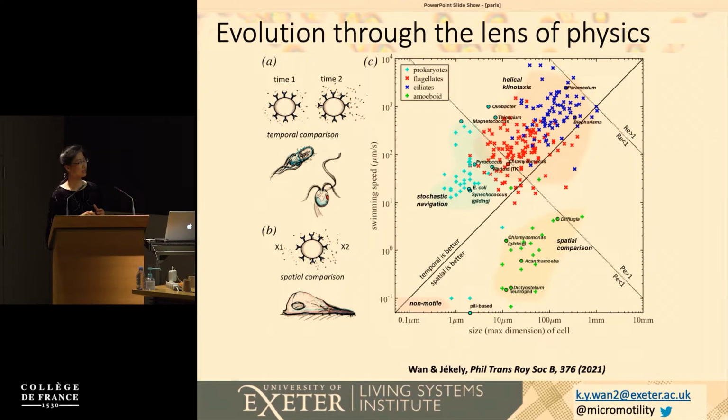And then there's a second dividing line, according to Péclet number, that separates these single-celled prokaryotes, such as E. coli, that are reliant on stochastic methods, stochastic temporal sensing, such as run and tumble dynamics, and all these slightly larger eukaryotic species, such as the Chlamydomonas cell I mentioned earlier.